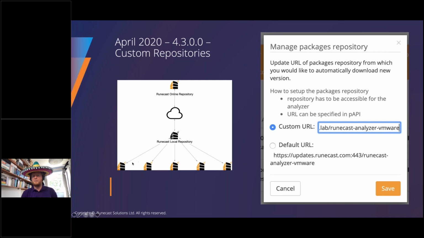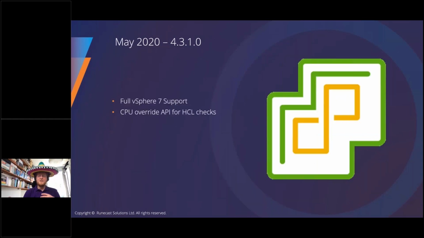So none of these appliances are exposed to the internet, and you can still take advantage of that automatic updates cadence. You no longer have to go to a portal and download an update and then take it to your appliance, and you can do it the same way as if you were pointing to the online Runecast repository.